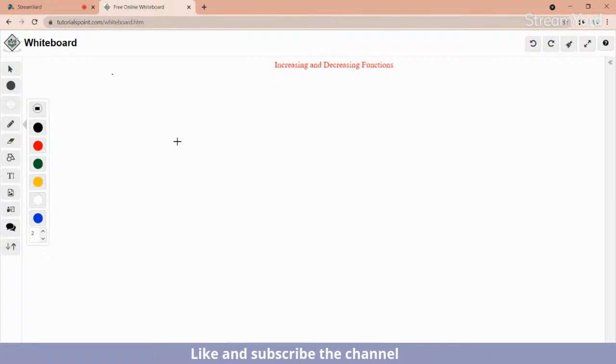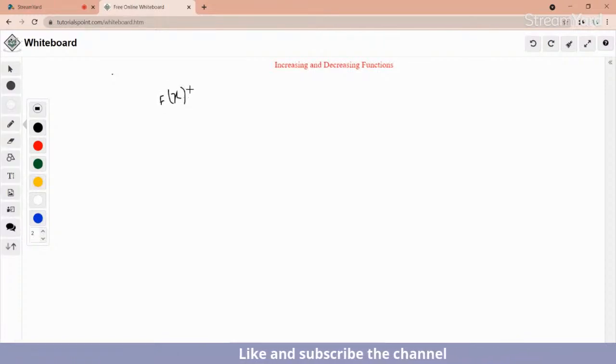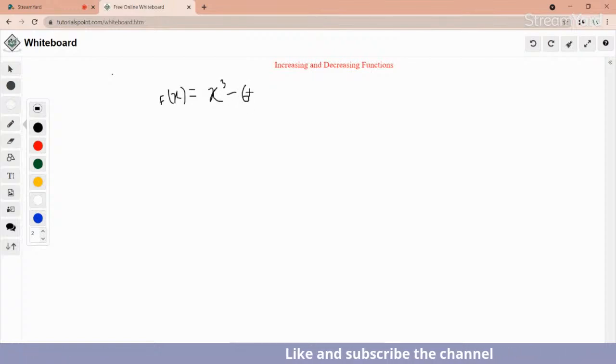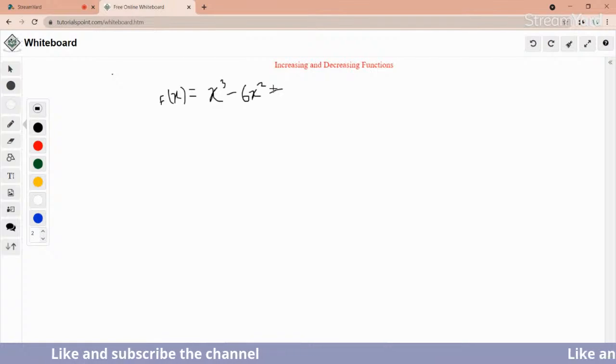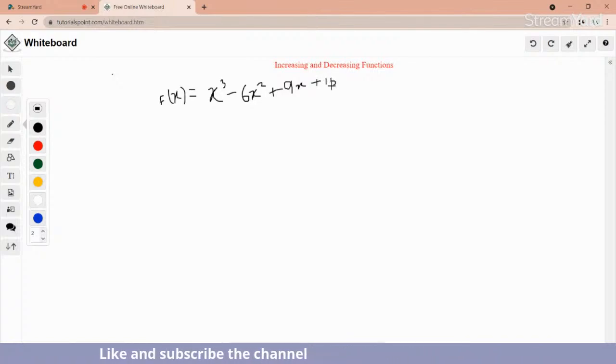You have to follow just 3 steps. Let's understand with the help of a numerical directly, without wasting our time. Let's take a sum: f of x equals x cube minus 6x square plus 9x plus 15.